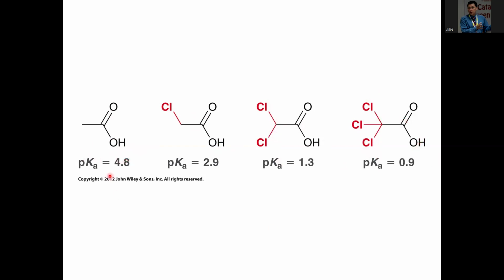You can see how the pKa decreases, meaning the acidity increases. I don't know if it's a linear correlation, but you can see how the first addition drops the pKa by a lot, almost 2 units. Then the next is about 1 unit and a little more, and then it's about 0.4. It's not that linear.